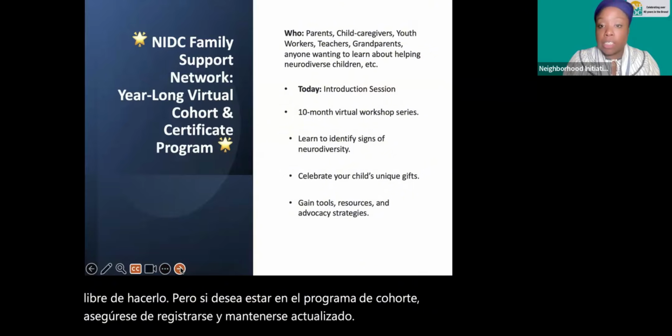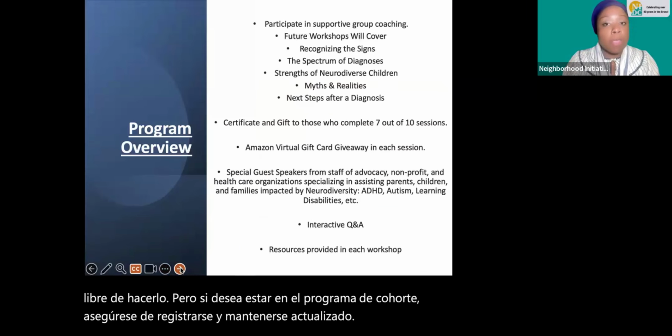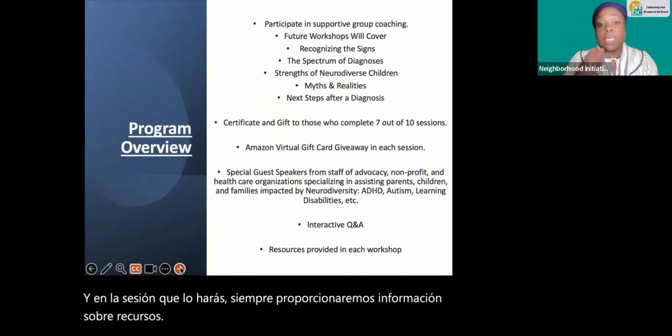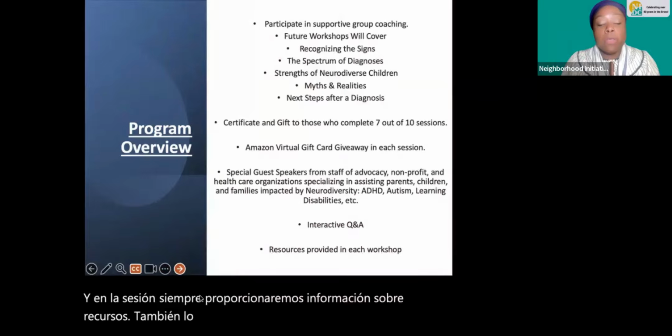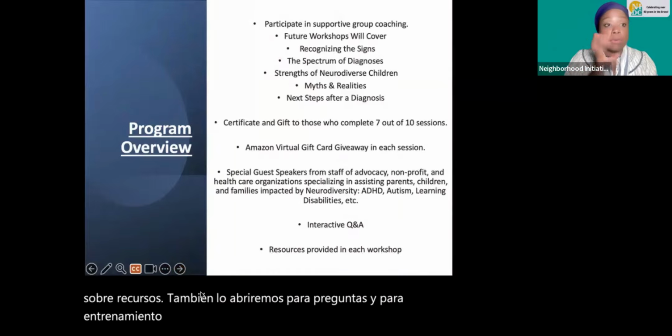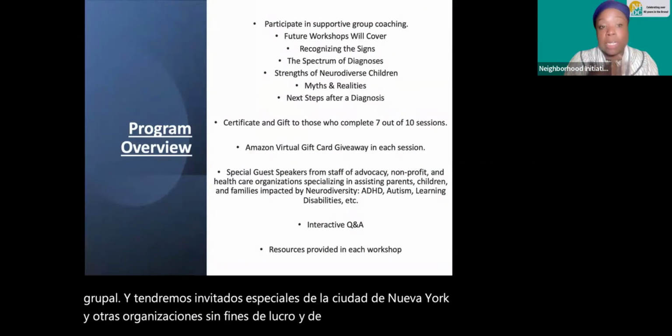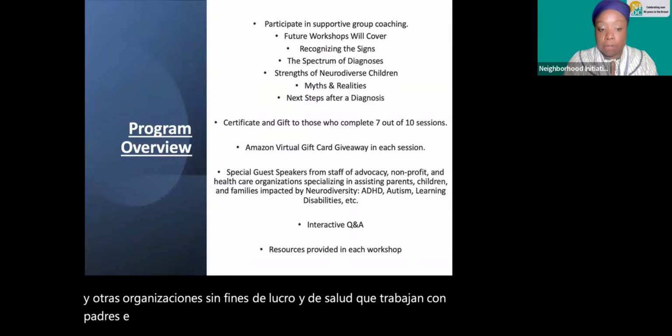In each session, we will always provide information about resources. We will also open it up for questions and for group coaching, and we will have special guests from Include NYC and other nonprofit and health organizations that work with parents and children impacted by neurodiversity.